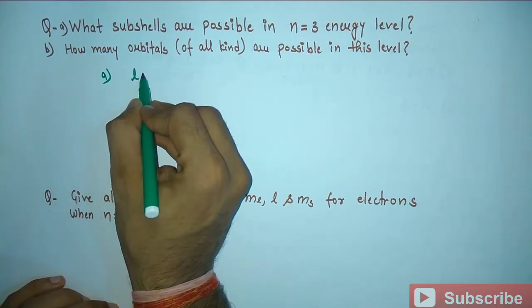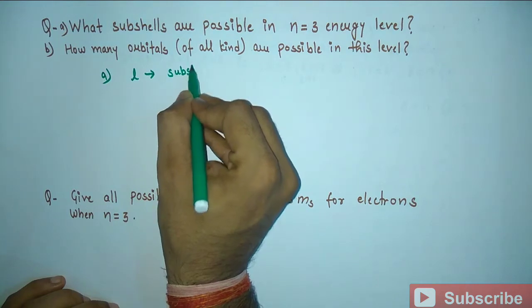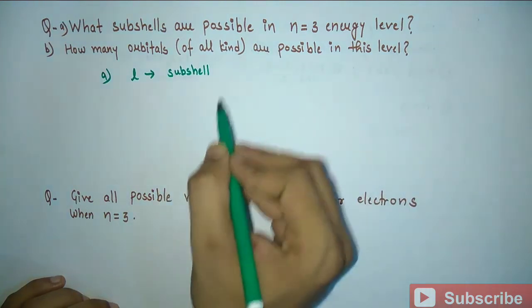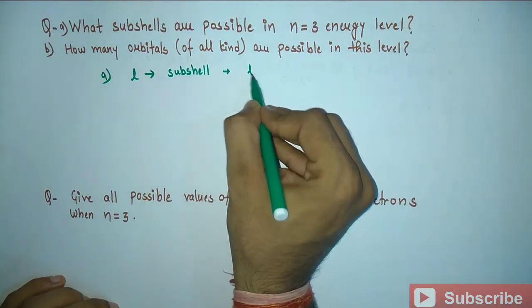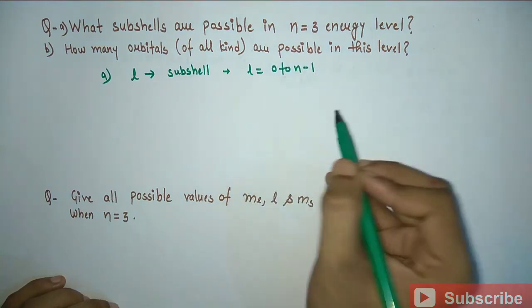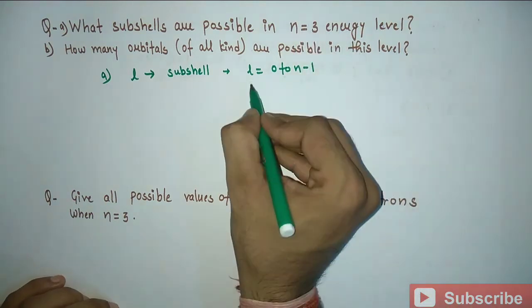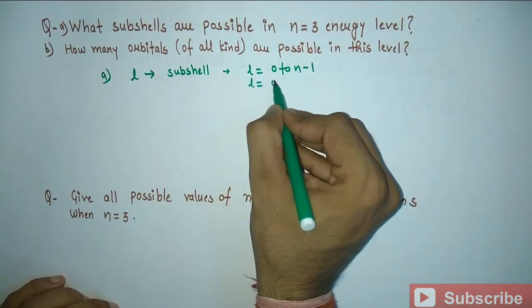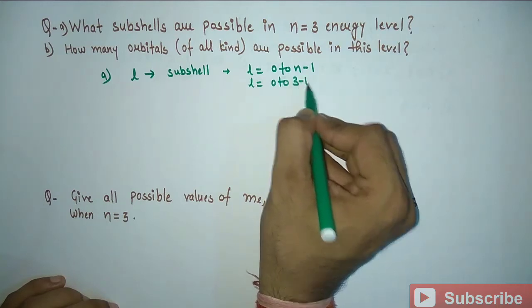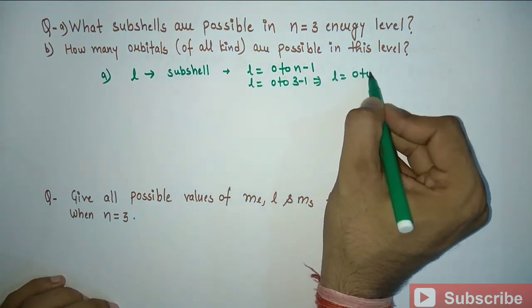Since the azimuthal quantum number, that is l, represents the subshell, and the value of l is equal to 0 to n minus 1, and here n is 3, l can have values 0 to 3 minus 1, which comes out to be 0 to 2.